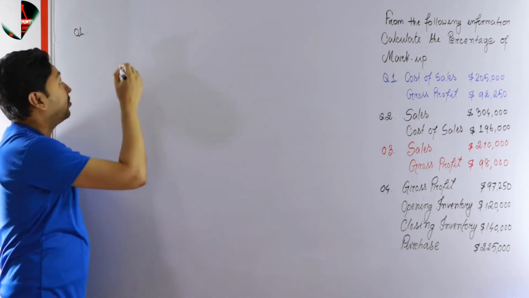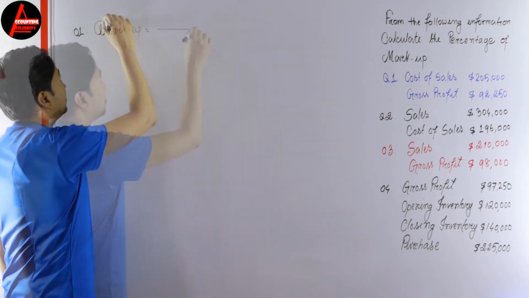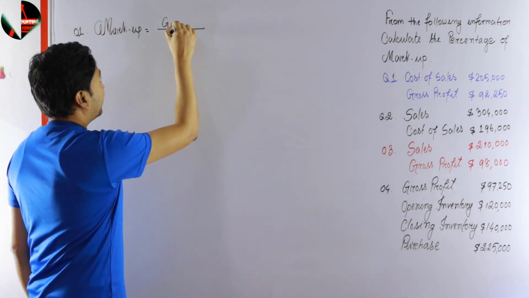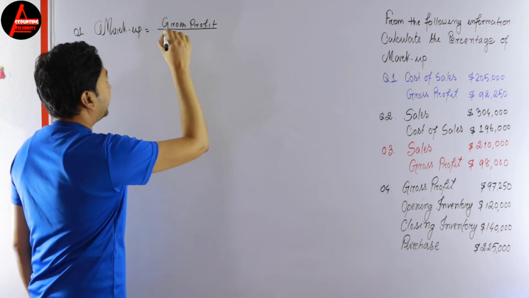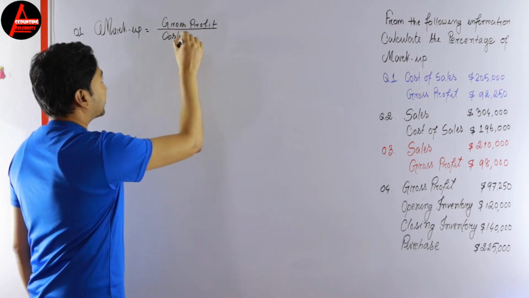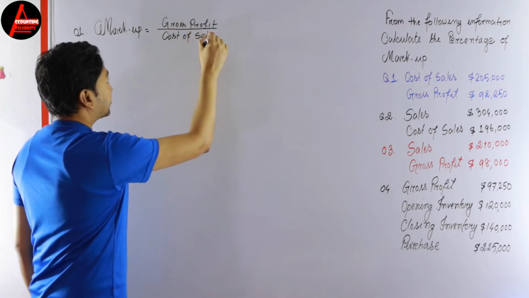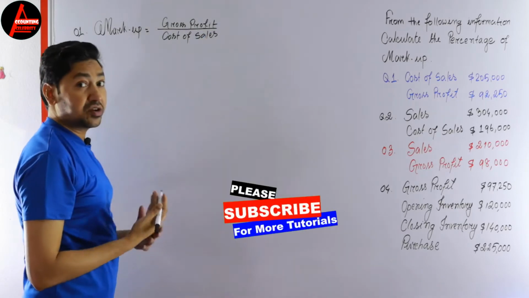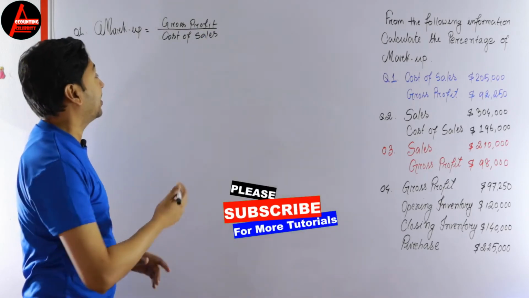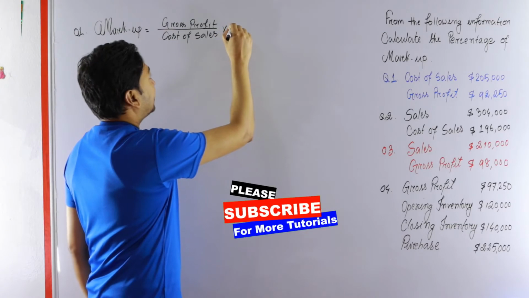So we know markup equals gross profit divided by cost of sales. Cost of sales is also called cost of goods sold. Times 100.